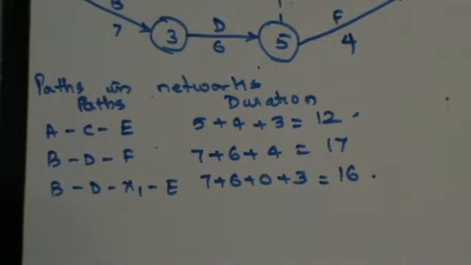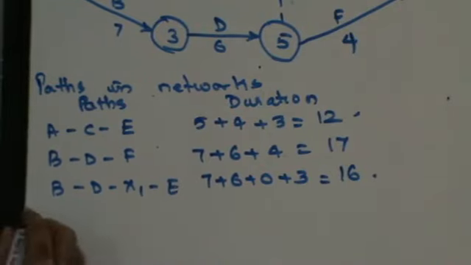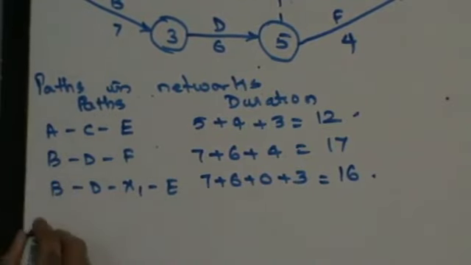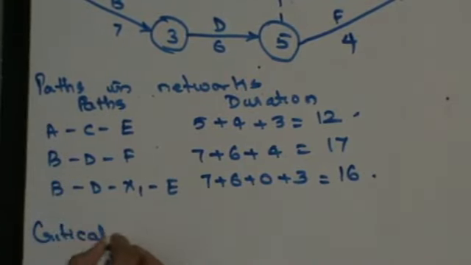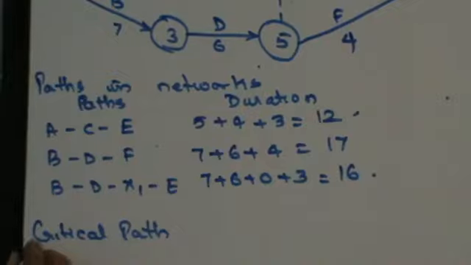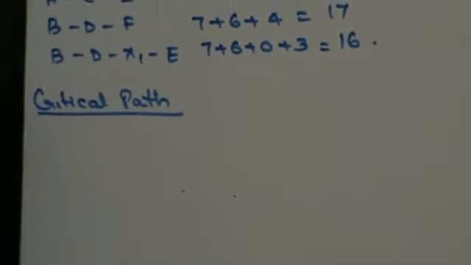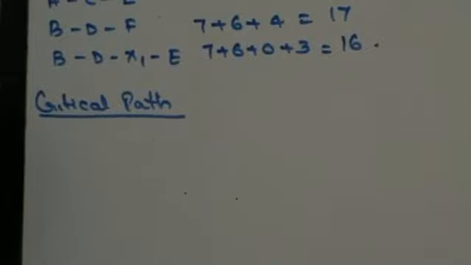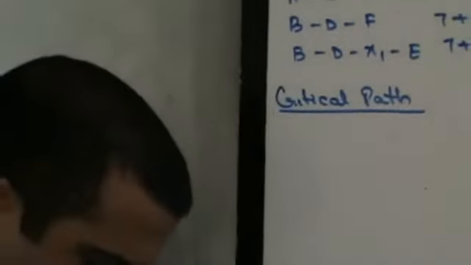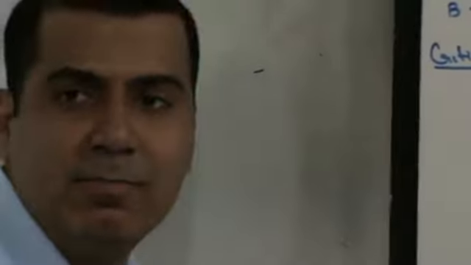The maximum time path is called the critical path. Critical path, if I have to define it, is the longest path in the network diagram. It is the path that takes maximum duration.